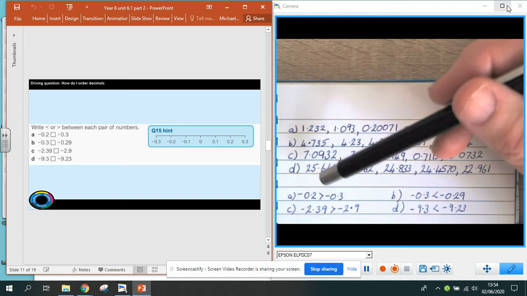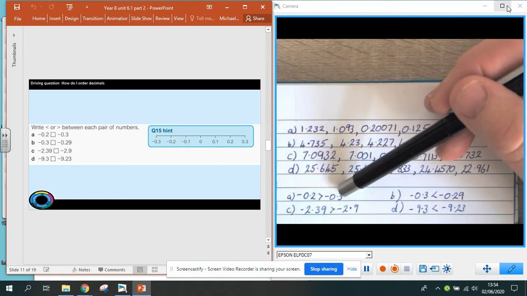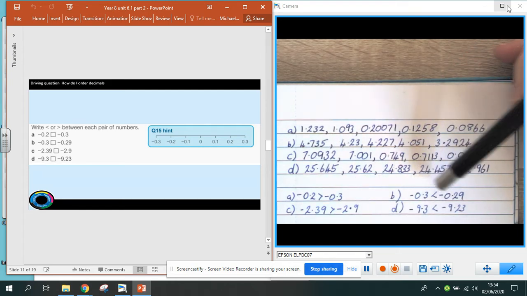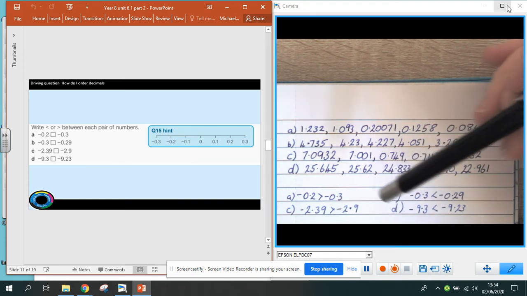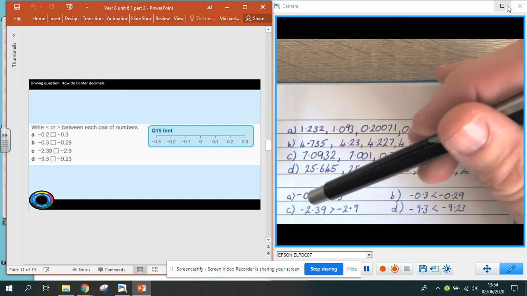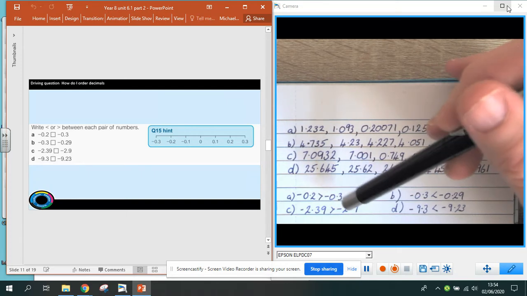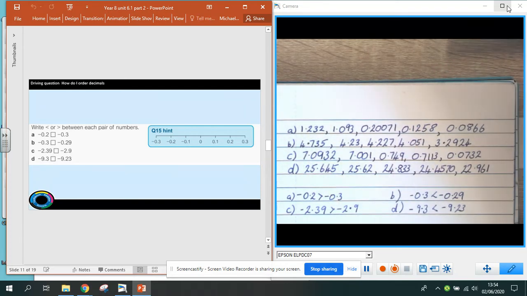So, minus 0.2 is bigger than minus 0.3, as we can see. Minus 0.3 is less than minus 0.29. Again, as we've just seen, it's actually smaller, it's gone further away. Minus 2.39 is bigger than minus 2.9, because that would be closer to minus 3, wouldn't it?